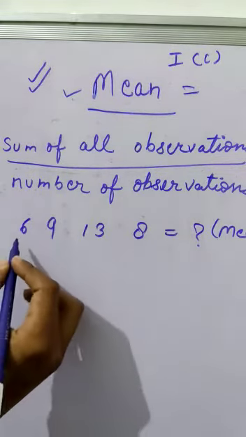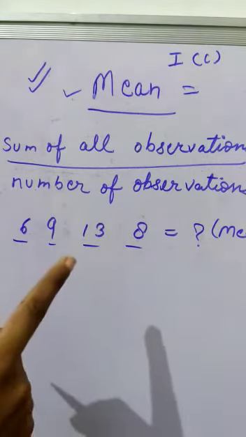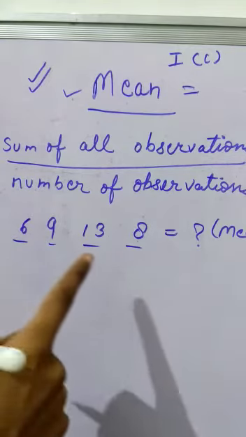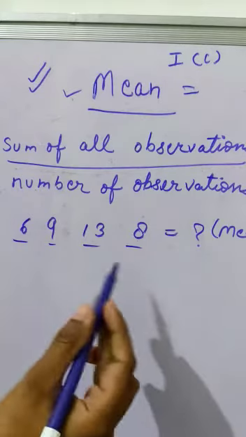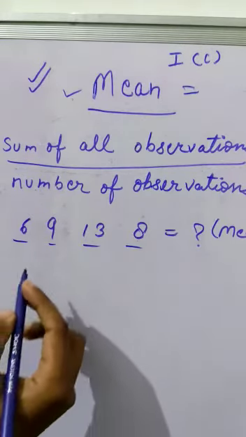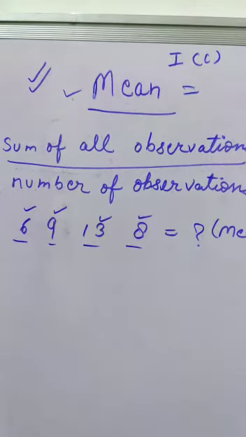These are the observations, and sum means addition. So we have to add all the numbers and divide by the number of observations. How many numbers are there? 1, 2, 3, 4.